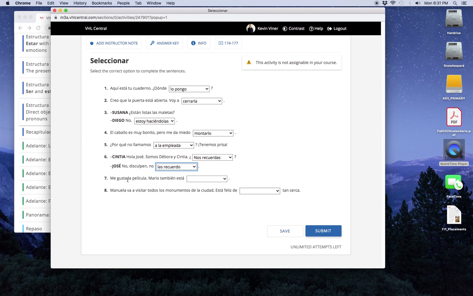Okay, 7. Me gusta la película. Mario también está viéndolo, viéndola, viéndolos o viéndolas. Pause. And we're back. We say viéndola because it's referring back to la película. En 8. Manuel va a visitar todos los monumentos de la ciudad.